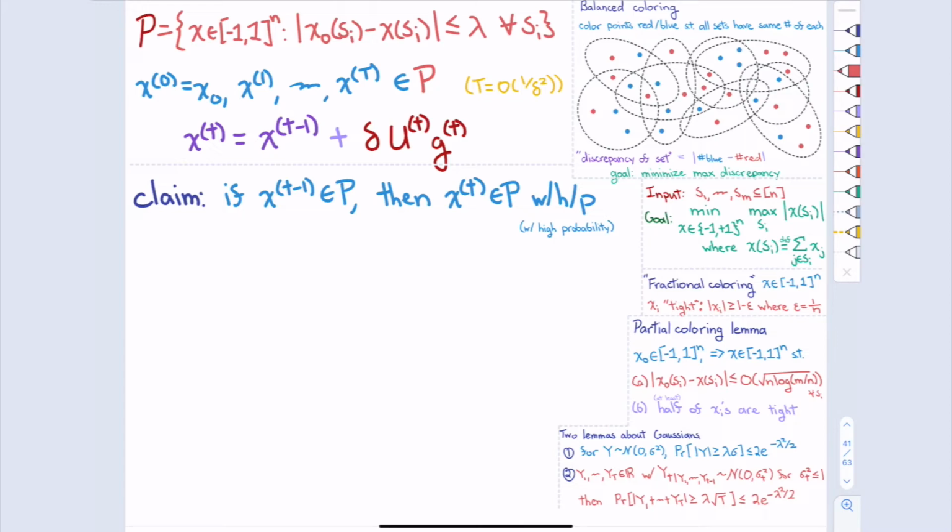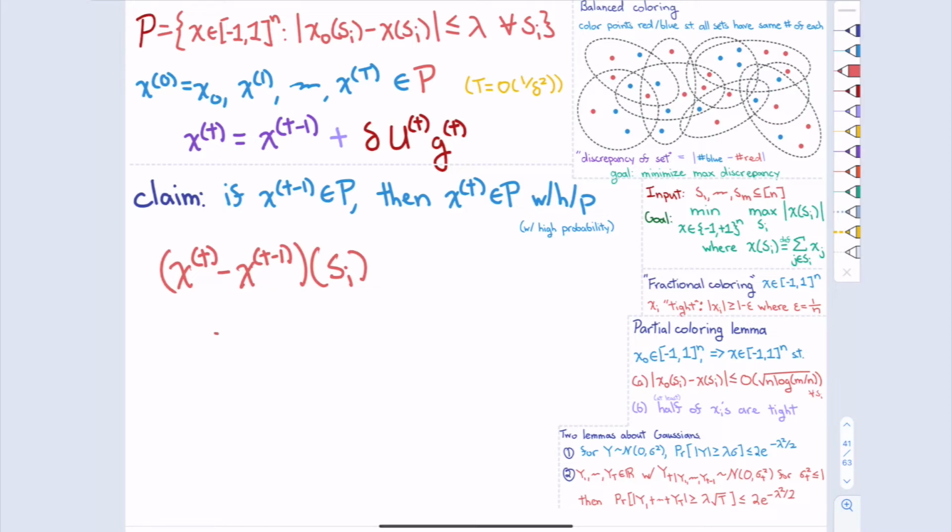So let's look at, for example, xt minus, so let's take some set that's not tight yet. The tight stuff is going to be safe because those are completely frozen. But if I look at something like this, how much does the discrepancy of a set change from one step to the next, assuming the set is not even tight?